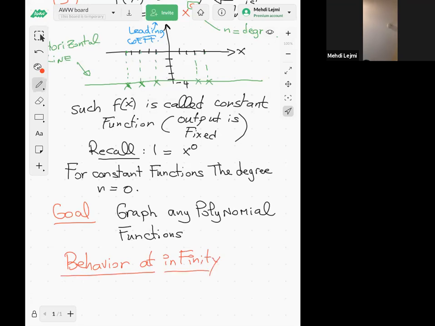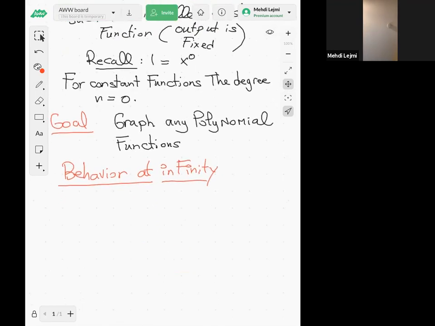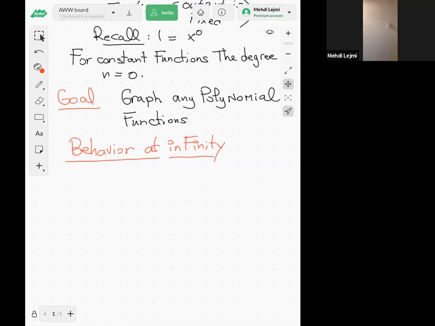Okay, so let's take examples and let's see what happens at infinity. My first example, I'm gonna just start with the quadratic function. So example one, let's just take f of x equals x squared.